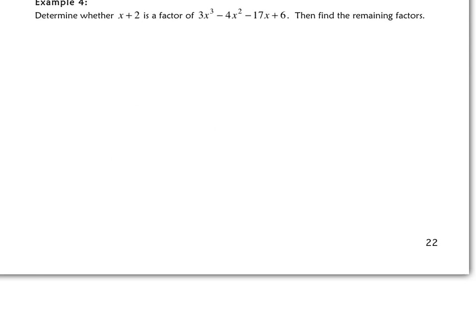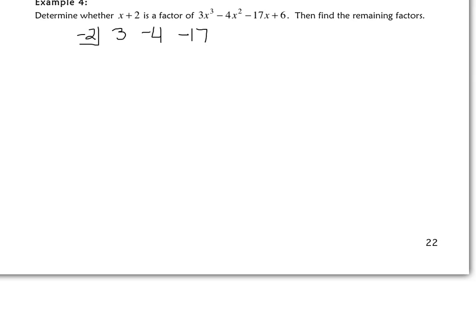Alright, let's do example number 4. Determine whether x plus 2 is a factor of 3x to the third minus 4x squared minus 17x plus 6. And then if it is, we're going to find the remaining factors. So just like before, if they gave me a factor of x plus 2, I'm going to put a negative 2 inside this little half of a box and then write all our coefficients.